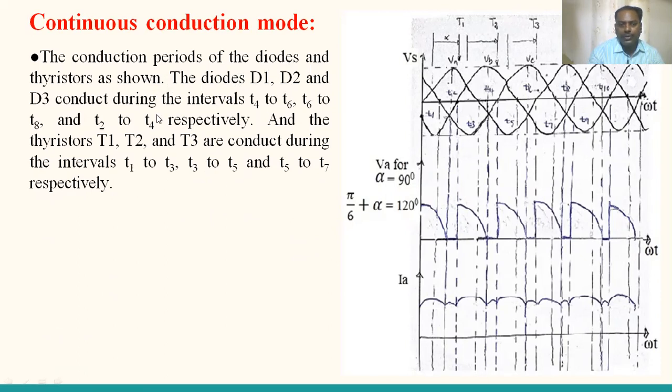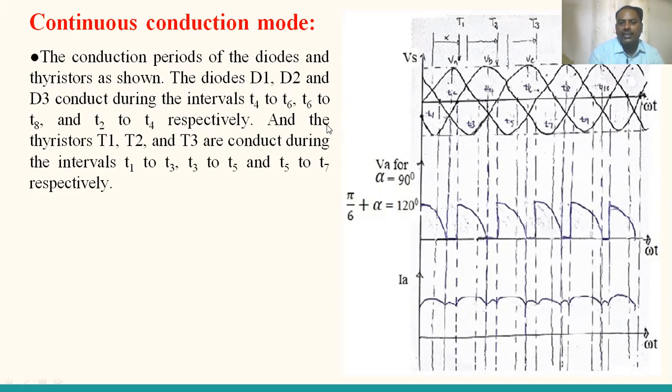The diodes D1, D2, and D3 are conducting during the intervals t4 to t6, t6 to t8, and t2 to t4. We already discussed D3, which functions from t2 to t4. After that, D1 comes into action from t4 to t6, and D2 from t6 to t8.